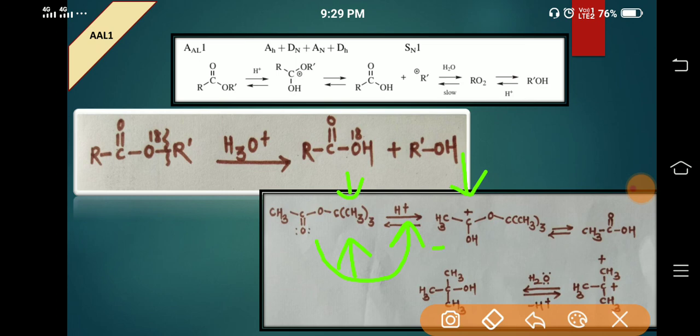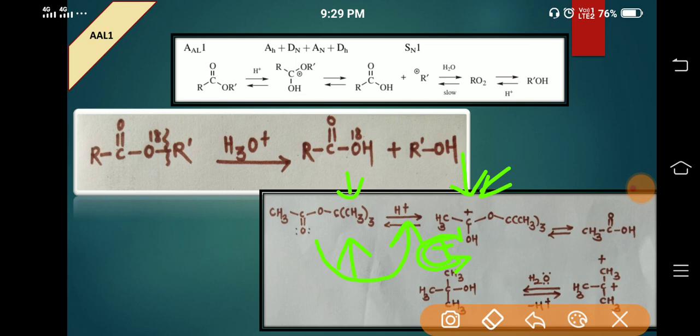To stabilize the positive charge generated on the oxygen, this double bond shifts towards the oxygen and generates a more activated carbocation. That is, the carbon becomes more electrophilic in nature.